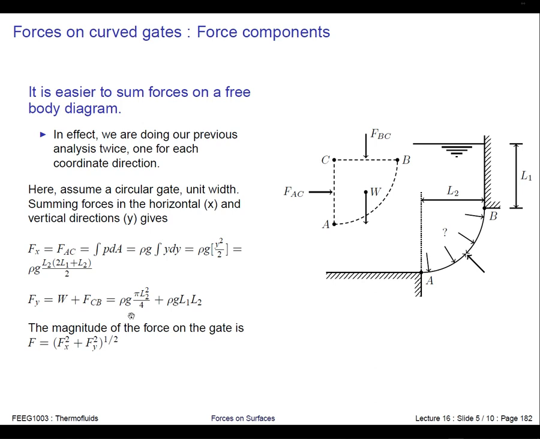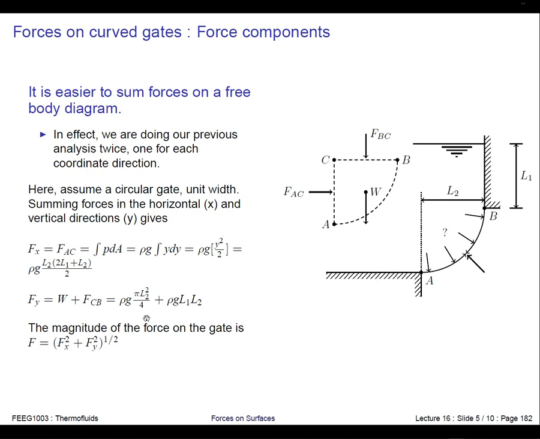So we've got the gravity here, and we've got the mass, which is the density times the volume, and this is a quarter of a circle, so the volume per unit width is rho L2 squared, so L2 is the radius, so this is like pi r squared, and we want a quarter of it, so we divide it by 4.